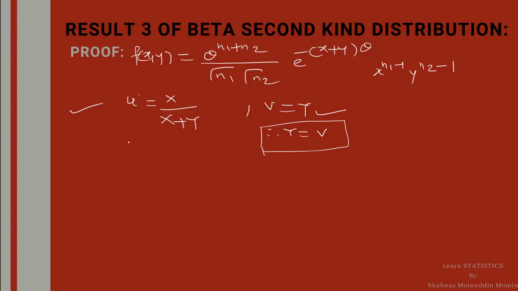Putting the value of y in u, we get u into (x plus y) is equal to x. After putting the value of y, u into (x plus v) is equal to x. Multiplying u with x, ux plus uv is equal to x.